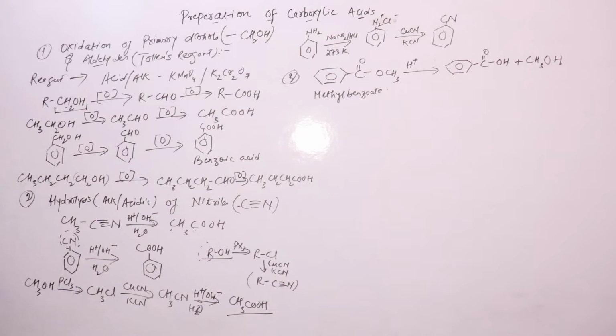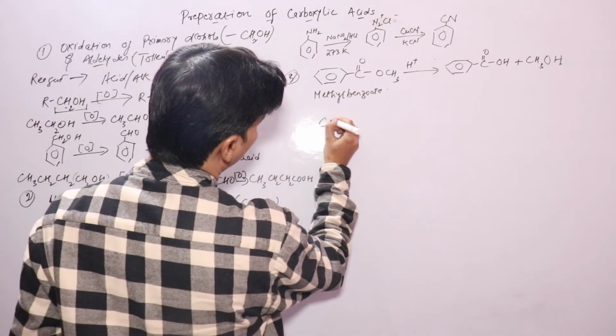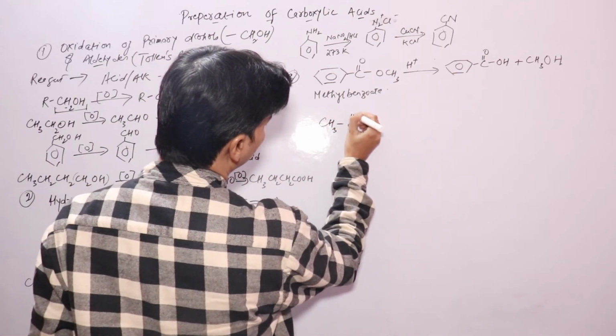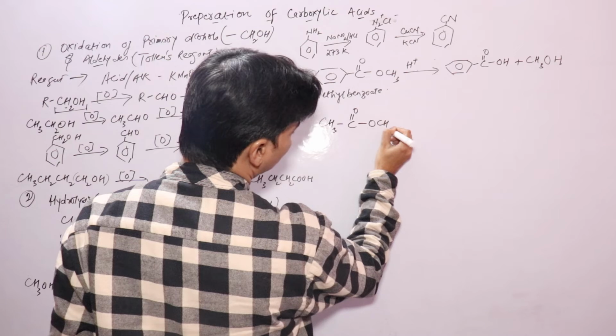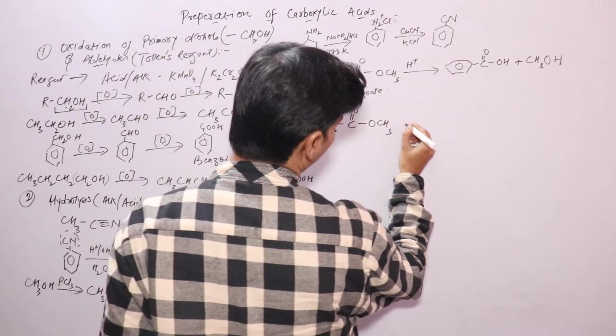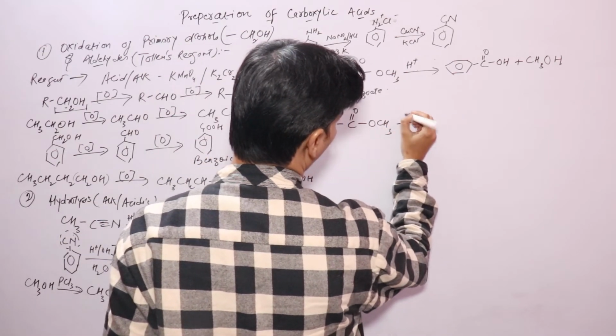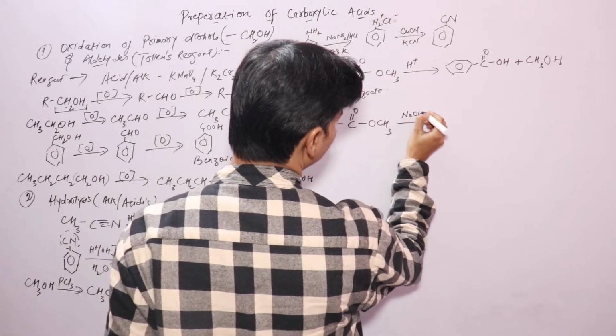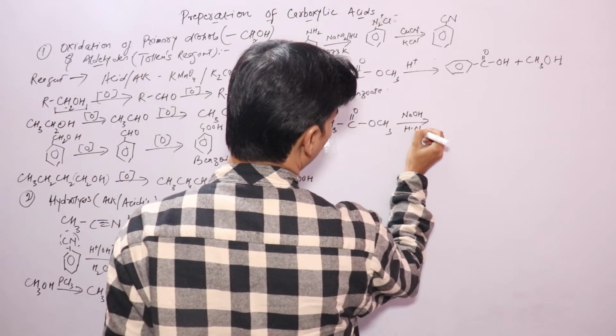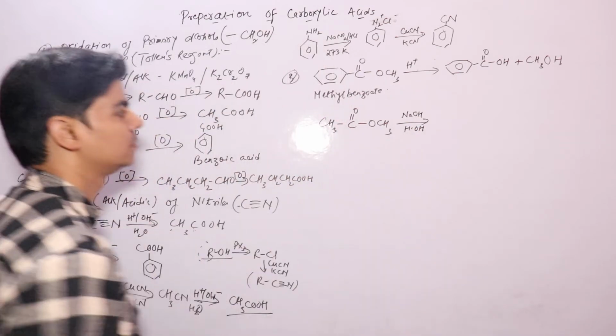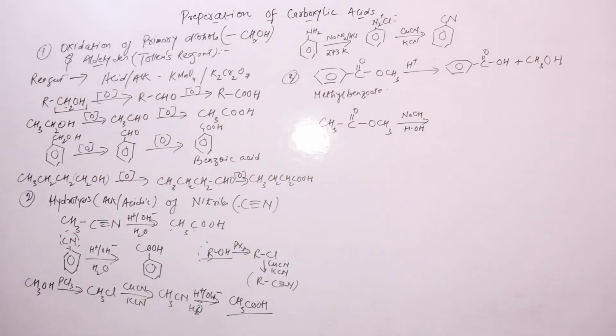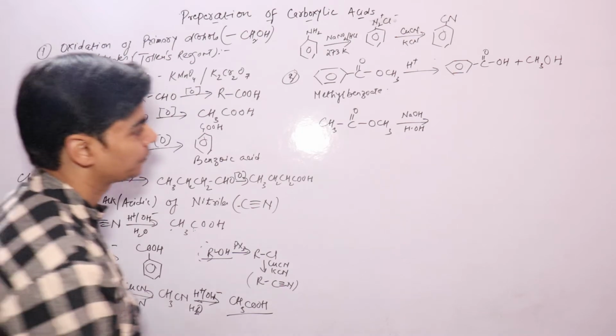So we'll take methyl acetate. It will undergo hydrolysis in the presence of base. In the presence of base, it will form a salt, which is a soap, and the name of the salt is sodium acetate.